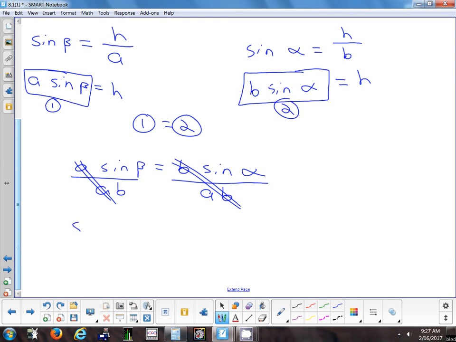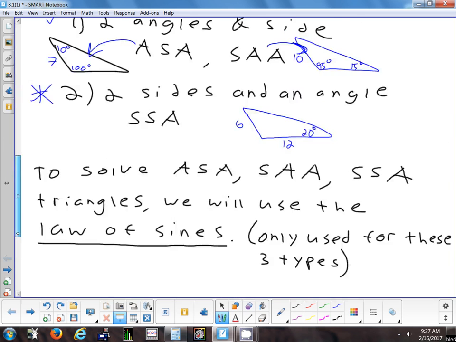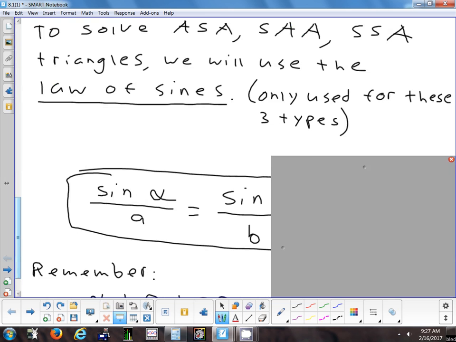So what I get is the sine of beta divided by b equals the sine of alpha divided by a. And that's the first two parts of the law of sines. I have them written in a little bit different order. I wrote them alphabetical: sine of alpha divided by a equals sine of beta divided by b.